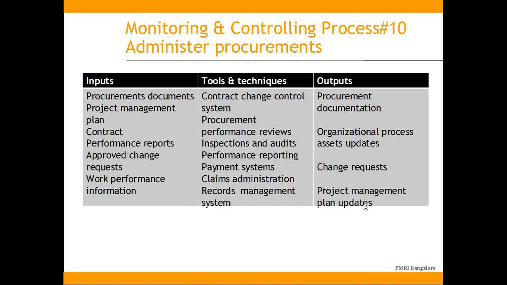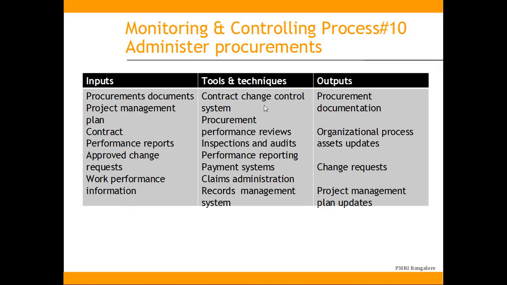Then the process number 10 under monitoring and controlling is administer procurements. Here again, the input side is procurement documents, project management plan, contract with the subcontractors, then performance reports, approved change requests, work performance information.